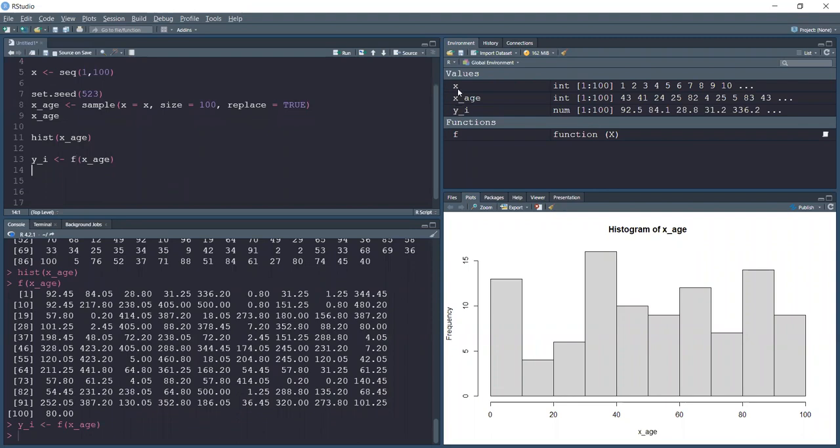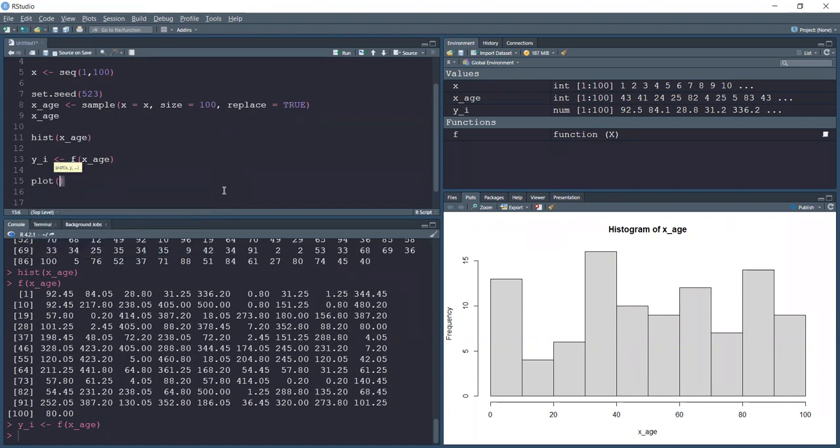So now what do I have? I have x. We're not going to use x any longer. It served its purpose. We have x age, and we have yi. Now we can plot. Please remember, there is no random error till now. Plot. Not like that, like this.